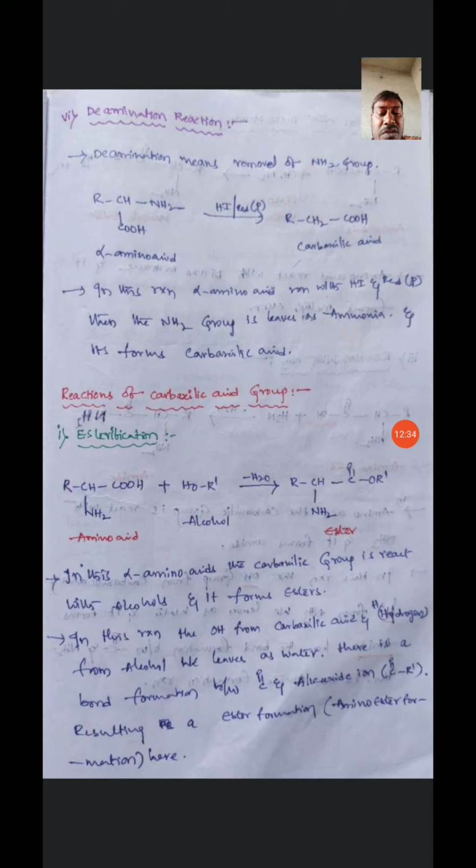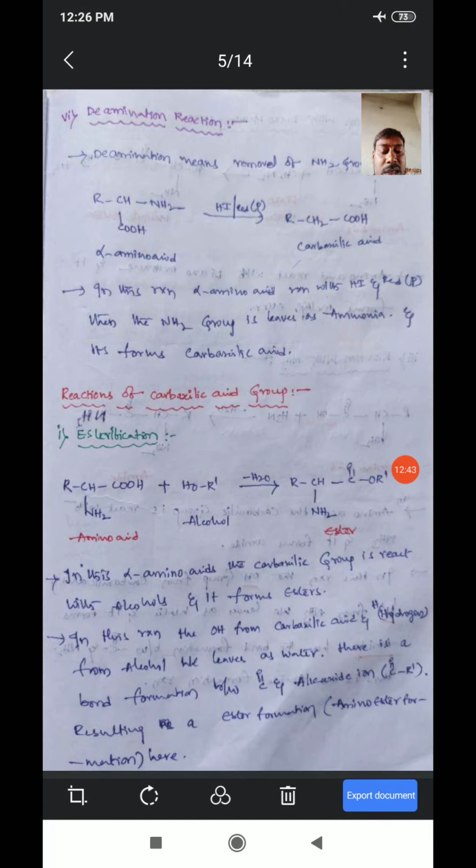So there is a bond formation between C double bond O and the alkoxide ion, that is C double bond O R dash. So it results in ester formation, that is amino ester formation.